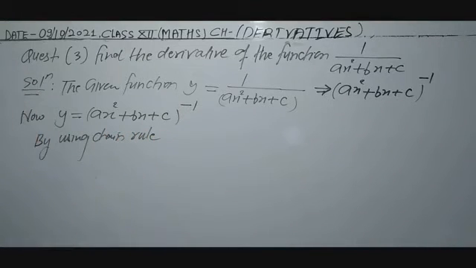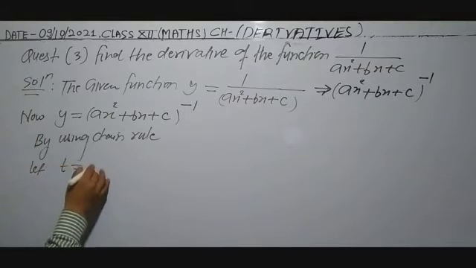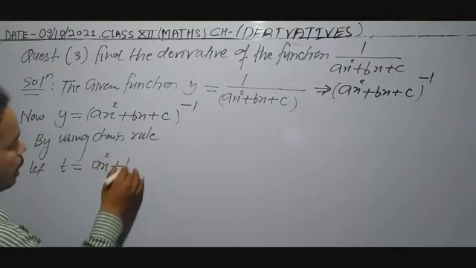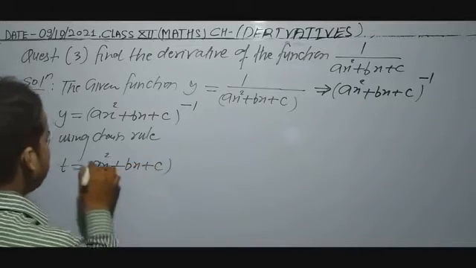By using the chain rule, let t be equal to ax square plus bx plus c.